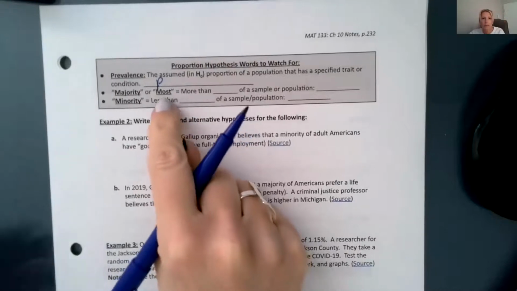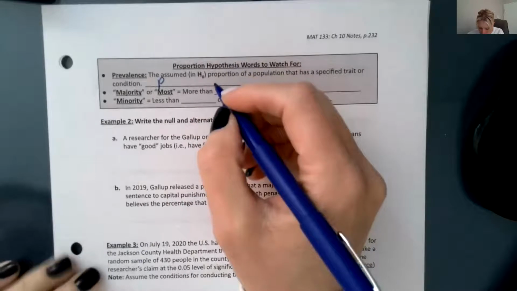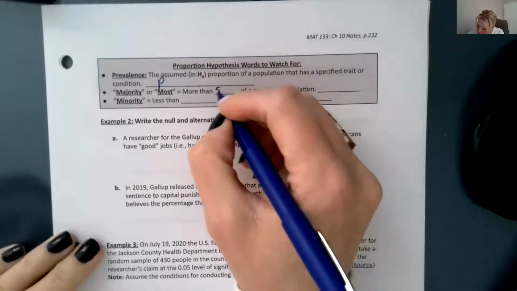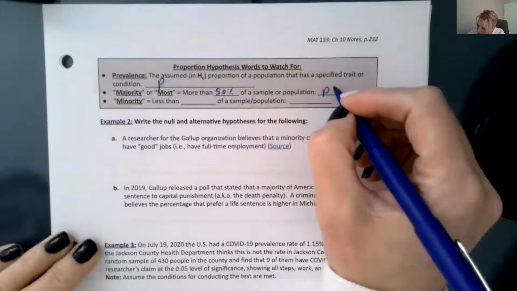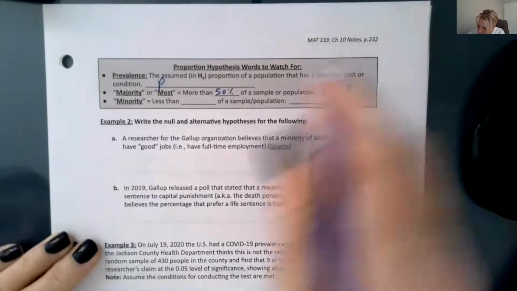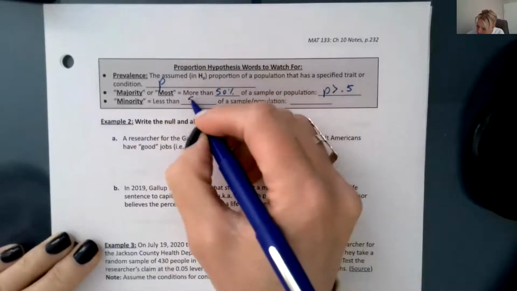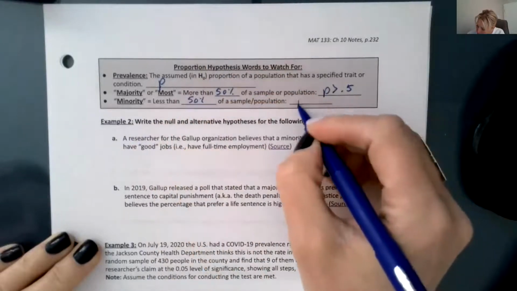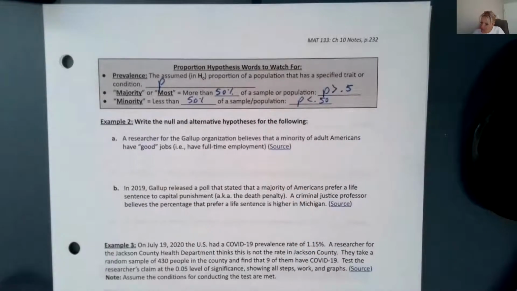Majority or most means that we're going to have more than 50% of the population. That's a majority. So P is going to be bigger than 0.5, and a minority is less than 50%. So that would be P is less than 0.5.